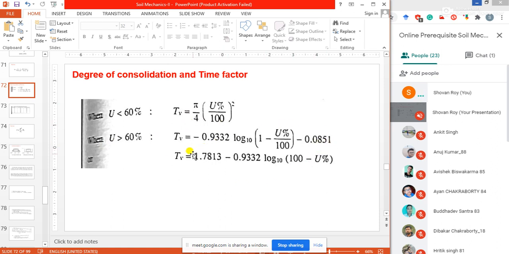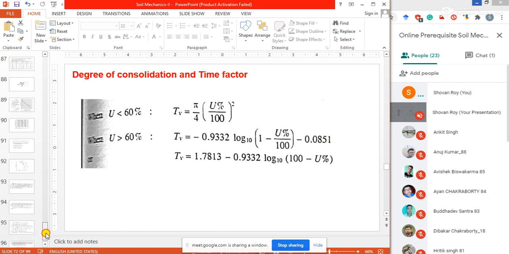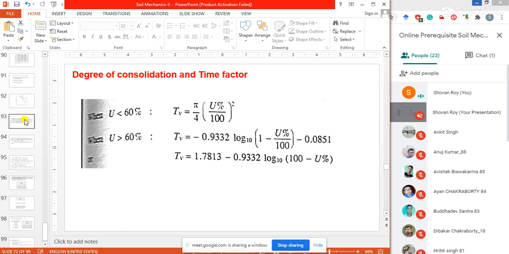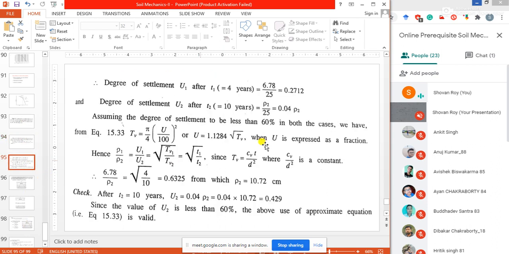But here no degree of consolidation has been mentioned, so that's why we have taken our preferable value, which is very easy to calculate or which can be taken for calculation.